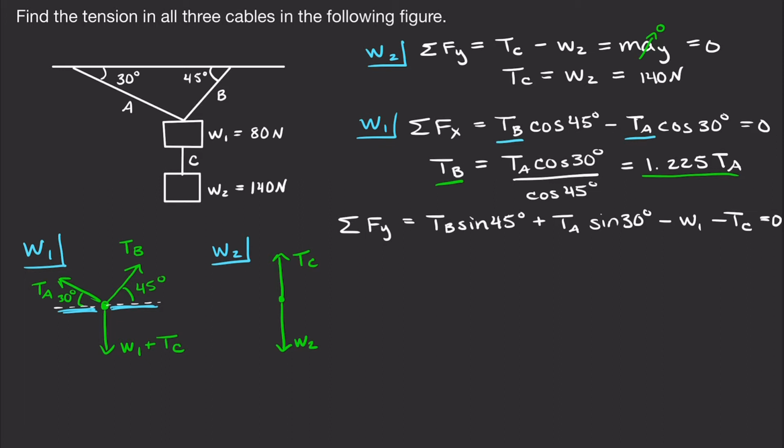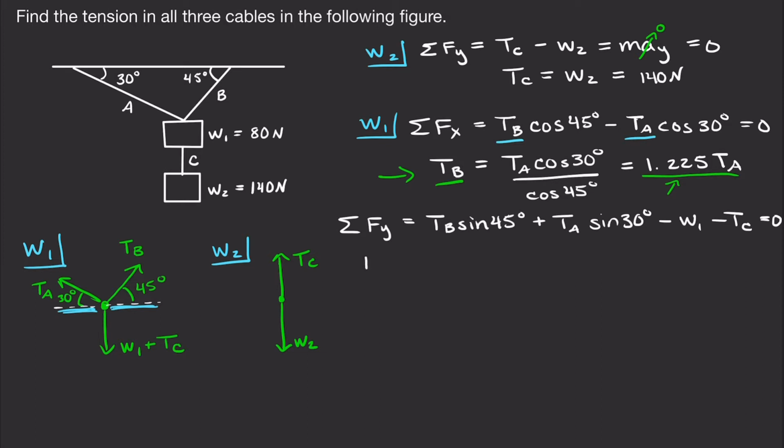Now I'm going to plug in, and I still have TB and TA in this equation, so I want to use what I just learned using my x equation to get this all in terms of either TA or TB. So everywhere I see TB, I'm going to substitute 1.225 TA.